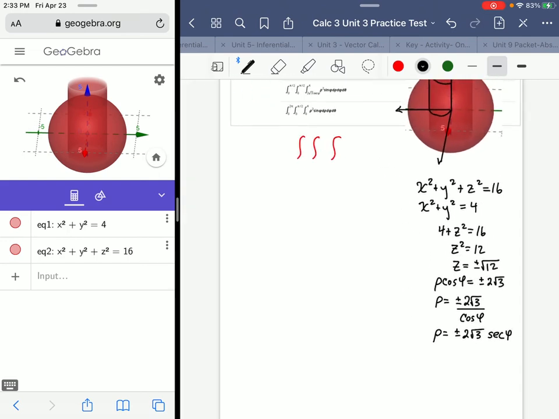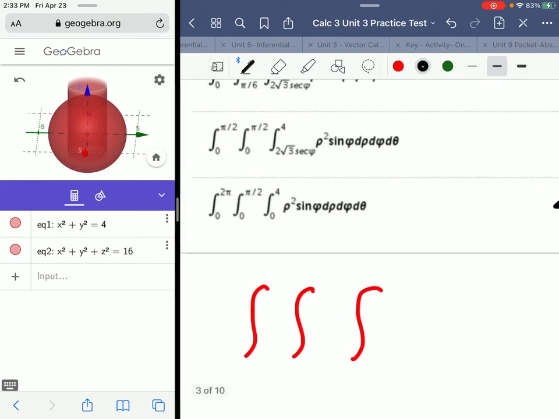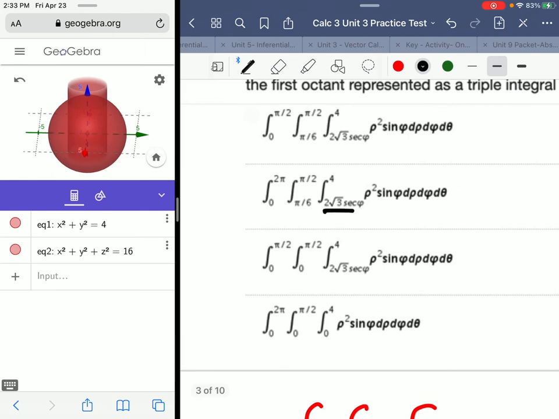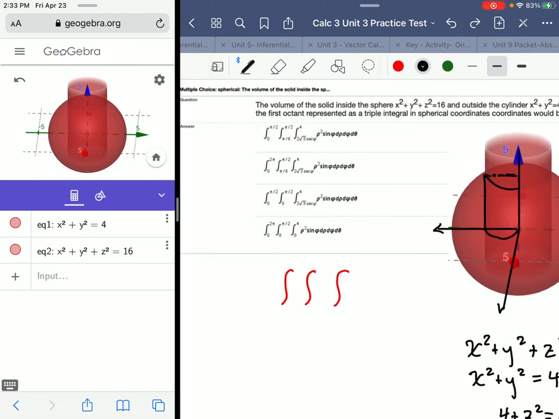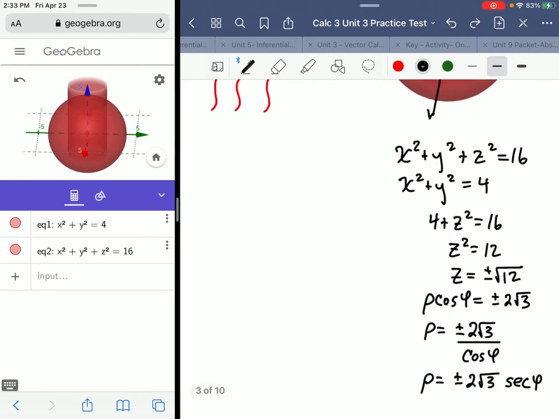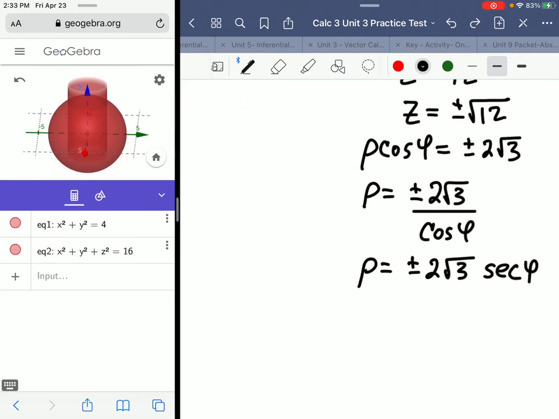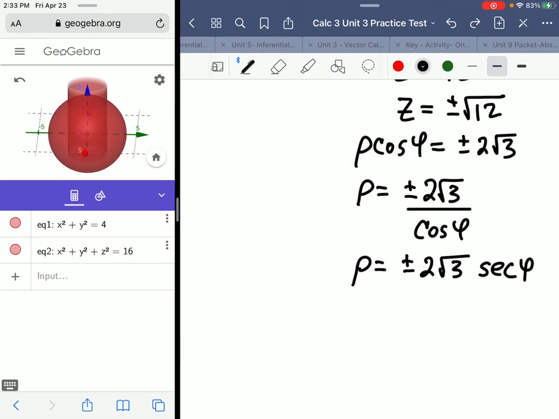All right, so you could see based off of the bounds that were given, a fair few of them have 2 radical 3 secant of phi in them. Since we're only looking at the first octant, I'm not concerned with any negative rho values, but I also wouldn't be concerned with them anyway, because that just implies direction from the origin, which would be picked up by any angle theta or phi that we incorporate.